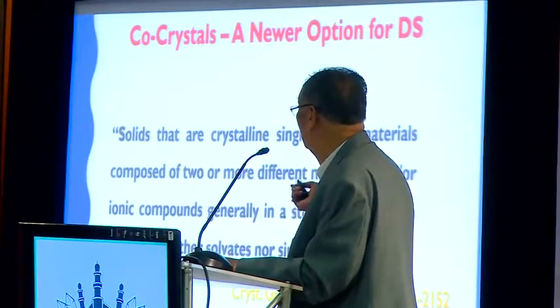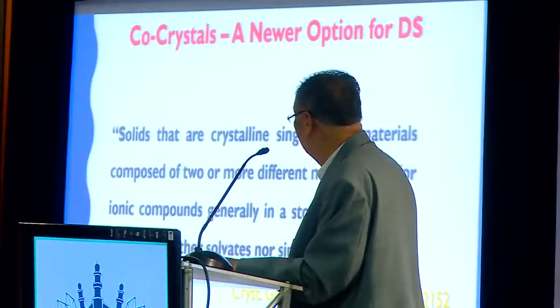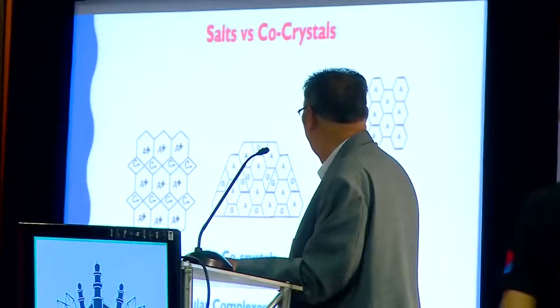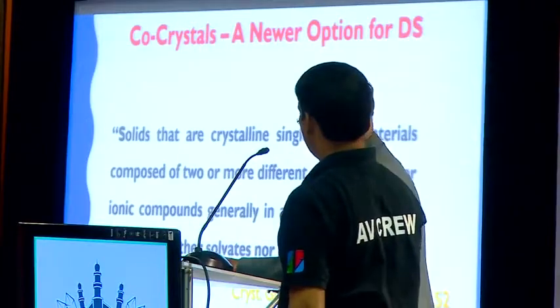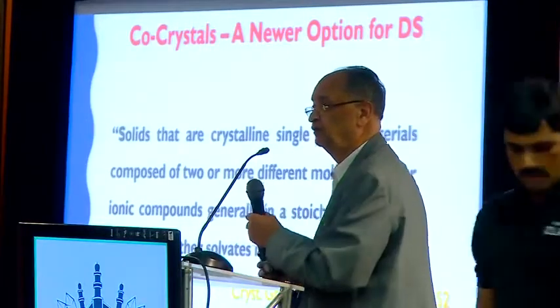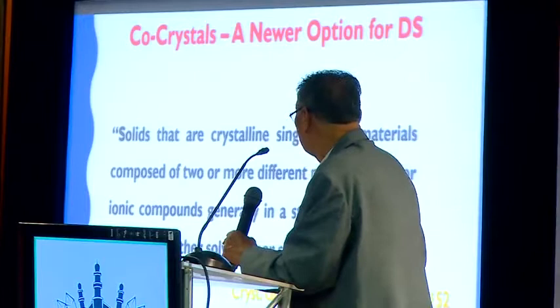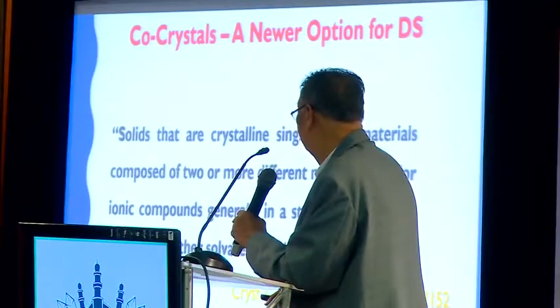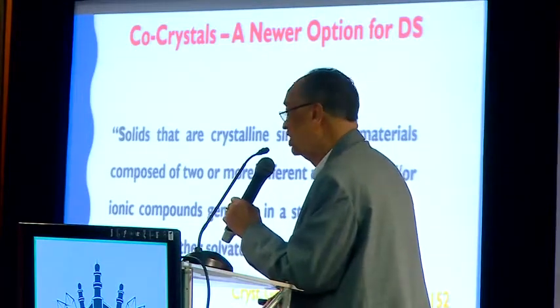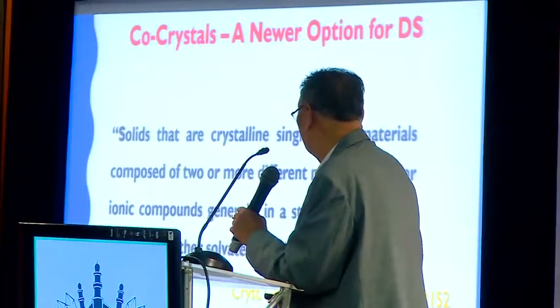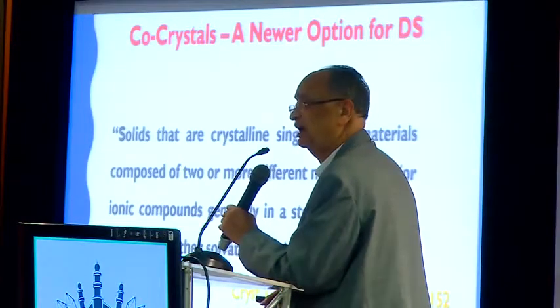This is a much more elaborate definition, but the last one by Stahly perhaps is the most well understood by a common man: a molecular complex that contains two or more different molecules in the same crystal lattice.